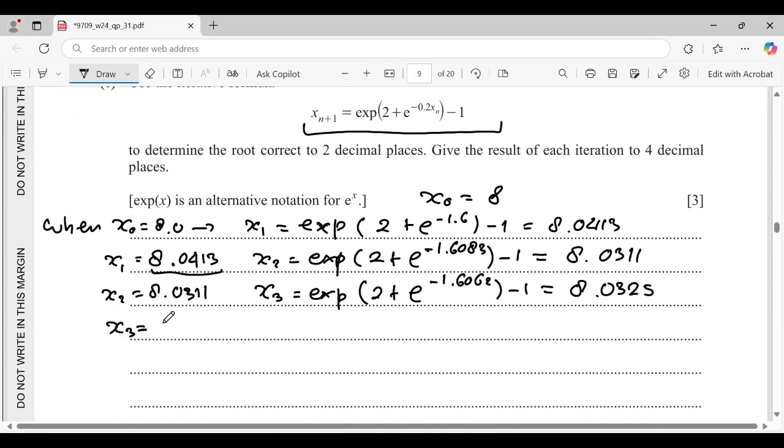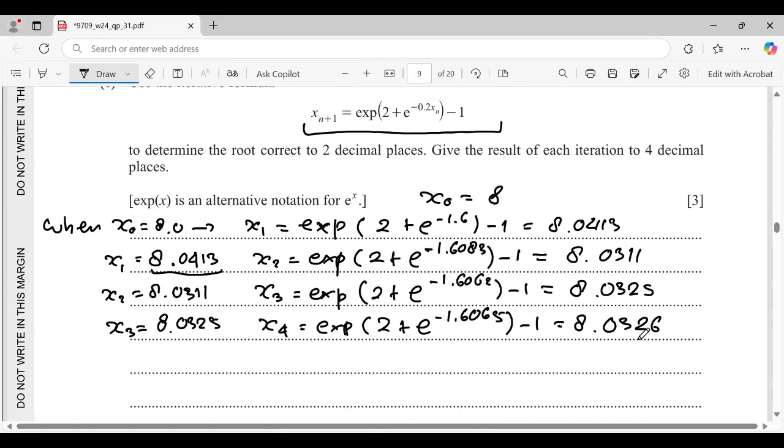When x3 equals 8.0325, x4 equals the exponential function of 2 plus minus 0.2 times this number, which is e power minus 1.6065, minus 1, and the result is 8.0326.